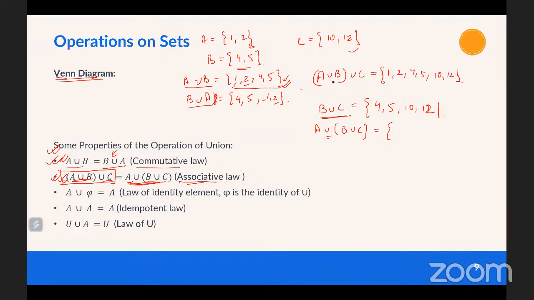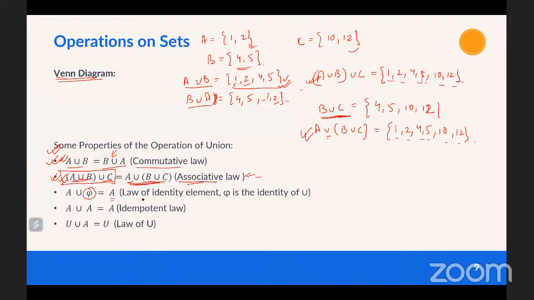So it will contain the elements of A which is 1, 2 and the elements of B union C which is 4, 5, 10 and 12. Now if you notice, this set and this set are the same. So 1, 2, 4, 5, 10, 12. This also contains 1, 2, 4, 5, 10, 12. So associative law holds.